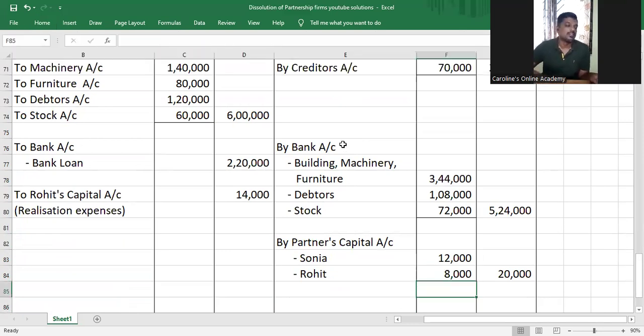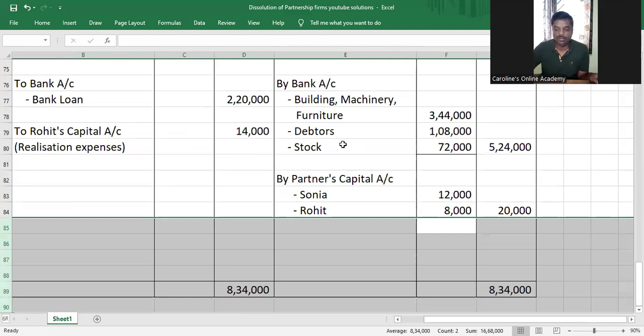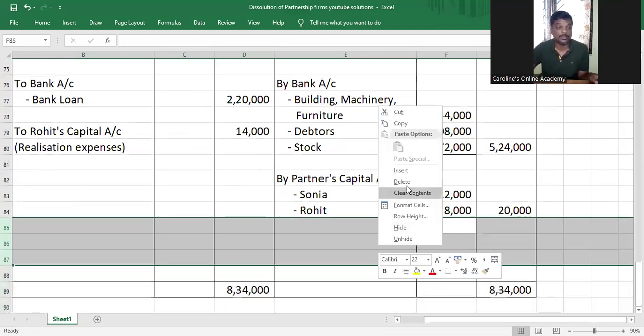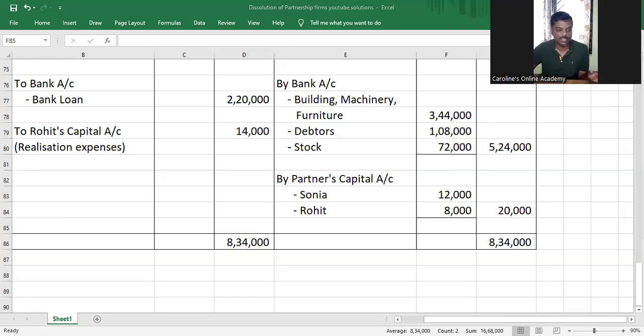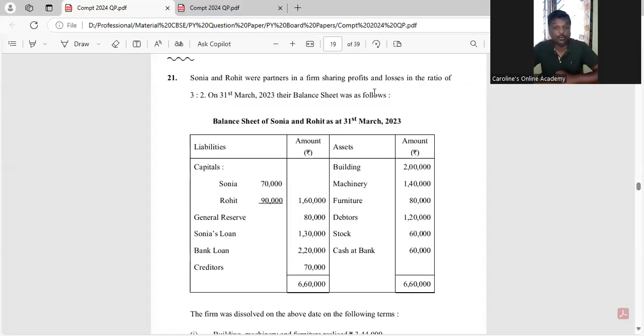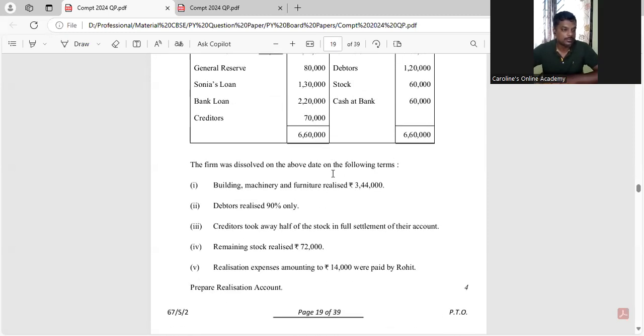And imagine this question being asked for 6 marks in a board examination compartment. Let me check. I actually have a doubt if they actually asked it for 6 marks. So let me just check. Okay. I have the compartment 2024 question paper. And as you can see, Sonia and Rohit problem.